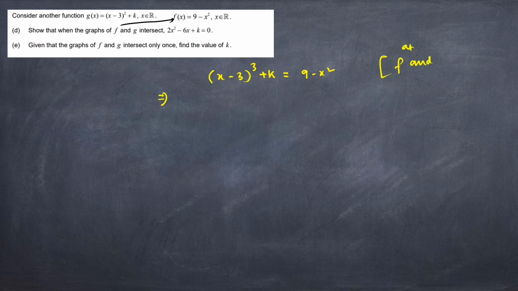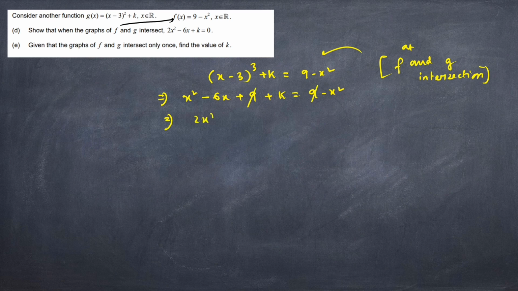So now we can write x square minus 6x plus 9 plus k equals to 9 minus x square. So from here we can deduct 9. The complete part we are taking to this side. So 2x square minus 6x plus k is equal to 0.